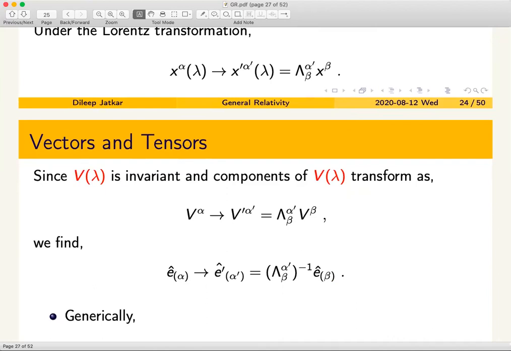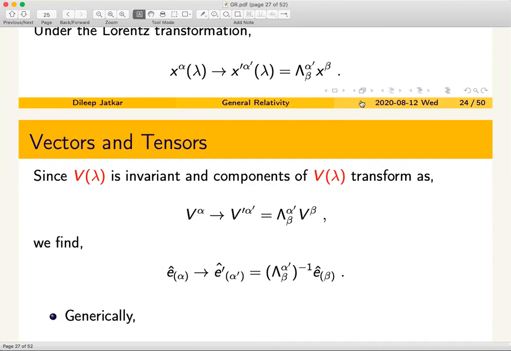Sir, when we say that the vector transforms in a particular way, do we have a specific basis in our mind? No, in fact, that is the point. That is how I started my definition of vectors. That vectors are objects which do not transform under coordinate transformation.